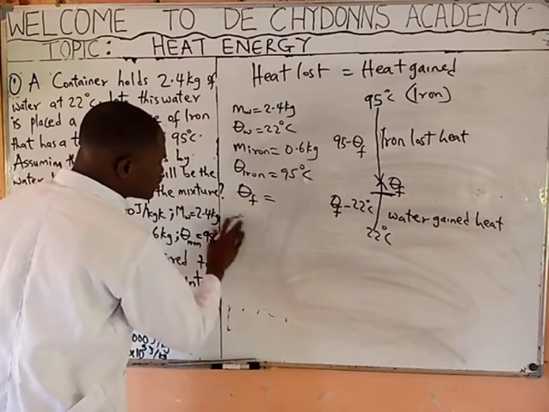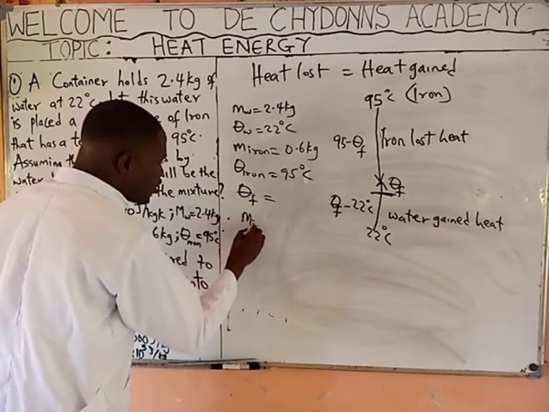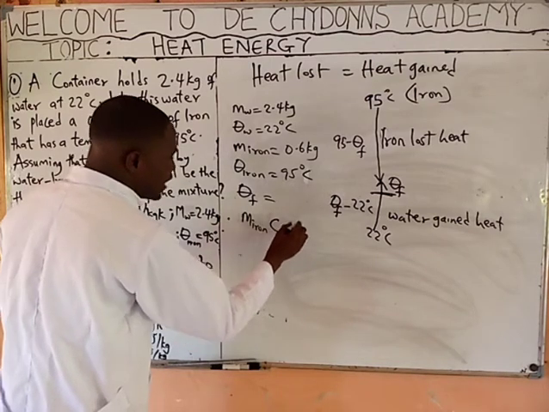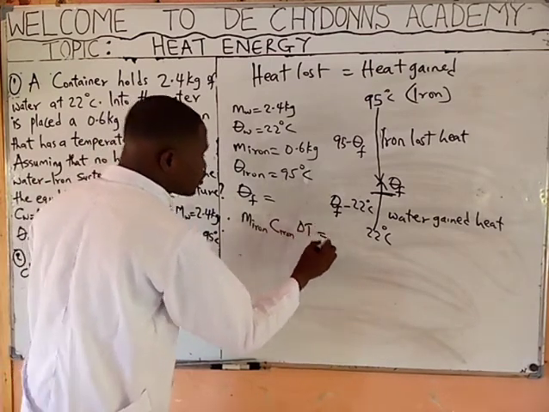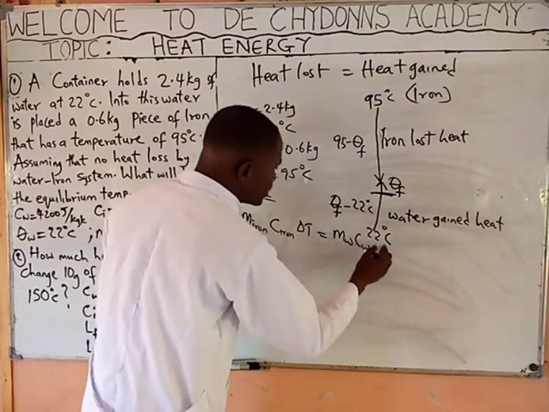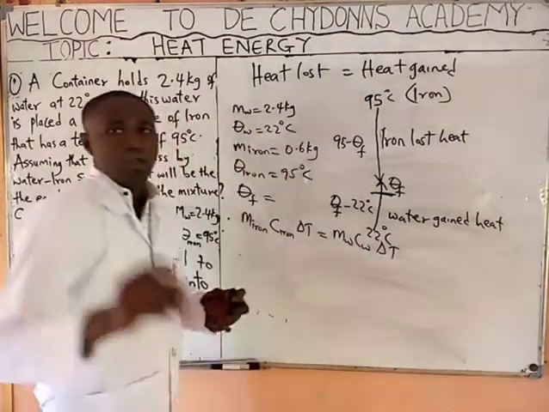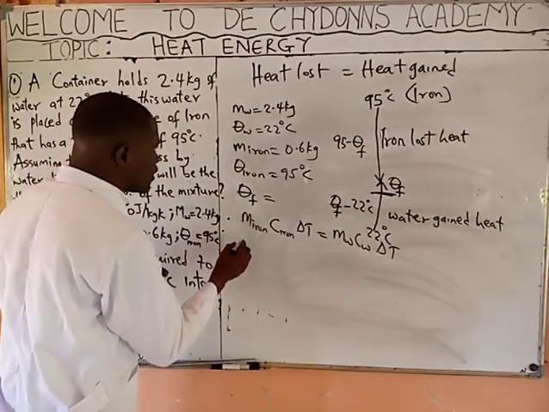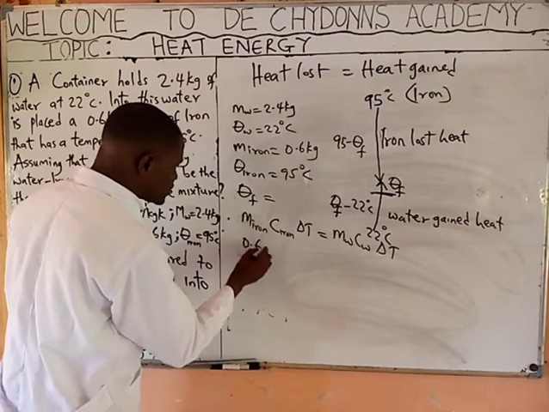And what is losing heat? Mass of iron is losing heat. C of iron, then change in temperature, equal to mass of water, C of water, and change in temperature. That is it. Mass of iron is given to us to be 0.6.